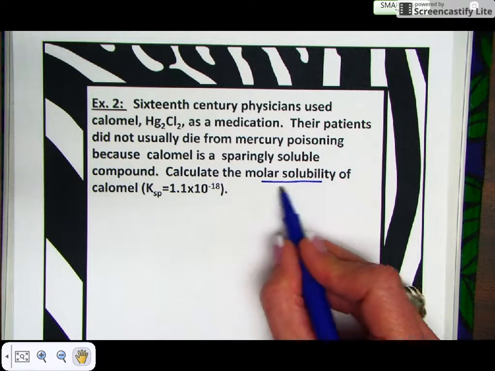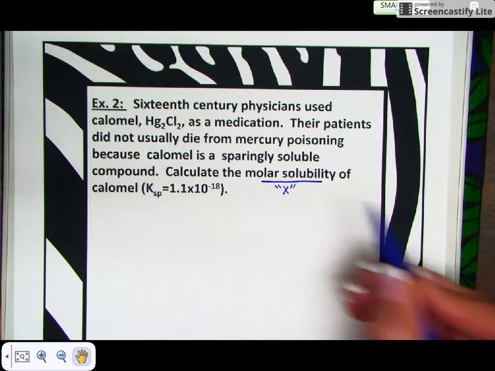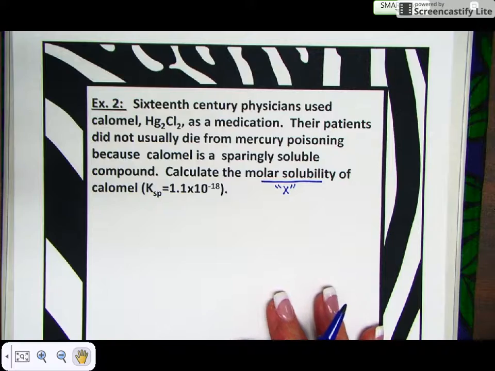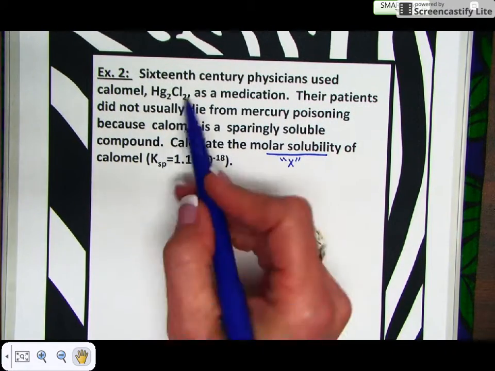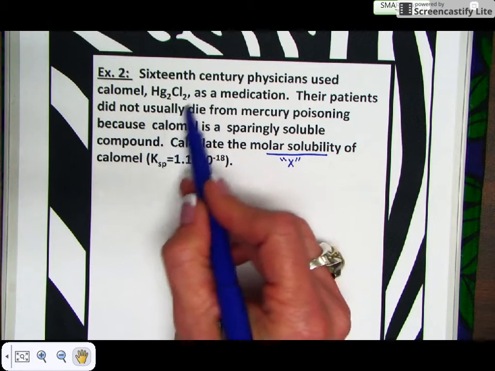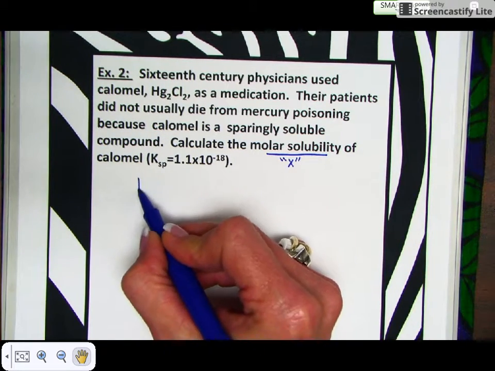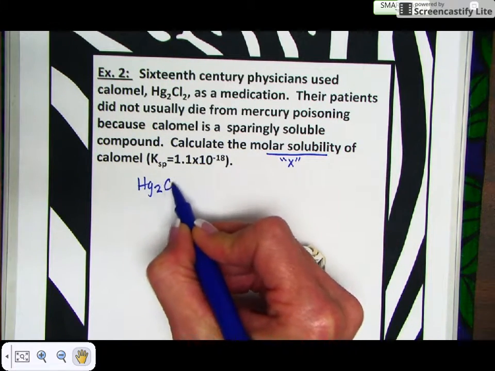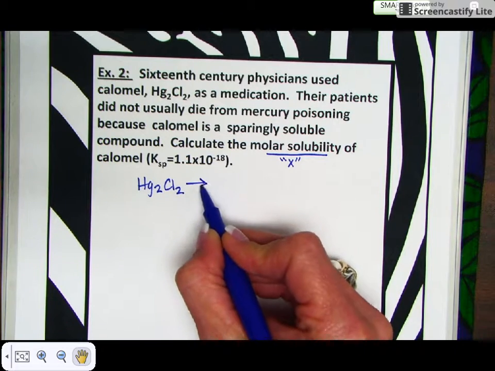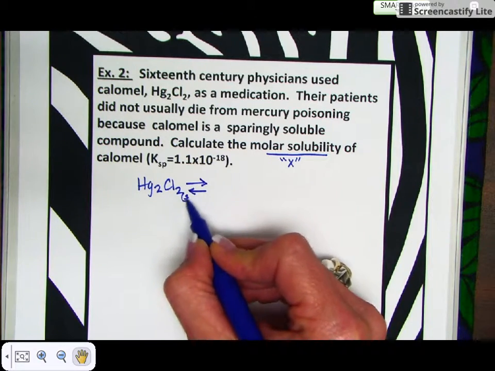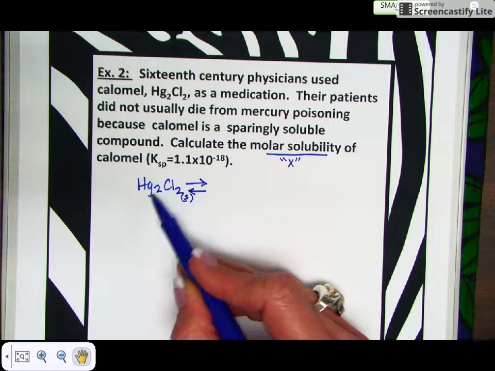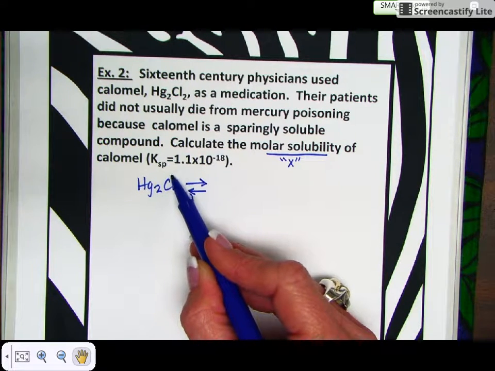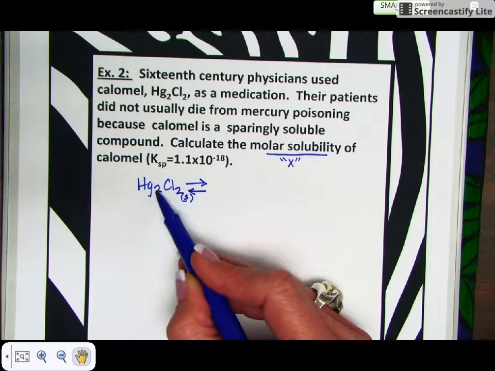So again, it's wanting us to find the x, what we define as our shift in our equilibrium tables when we ICE our problems. First thing we have to do is dissociate our slightly soluble solid, Hg2Cl2. You have to be careful on this one, class, because this is the mercury 1 ion. The reason I know that is because chloride will always cross a 1 down, and here it looks like it crossed a 2.